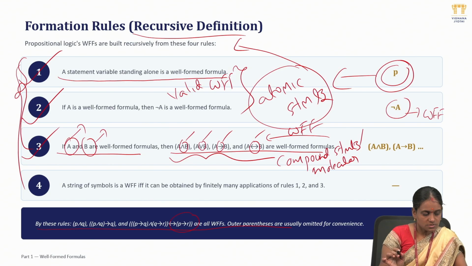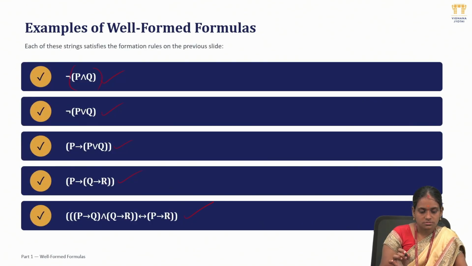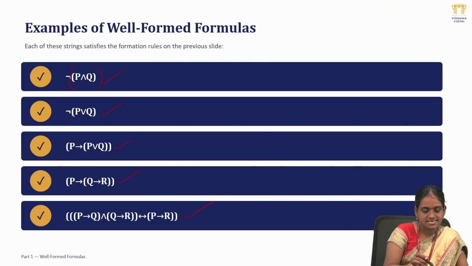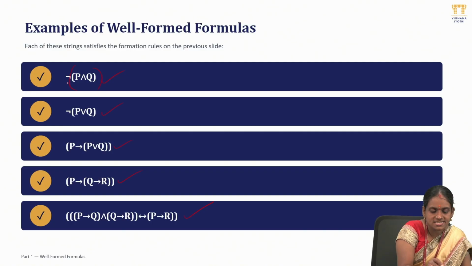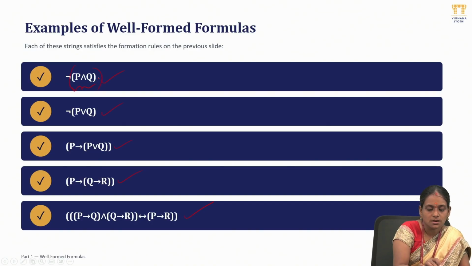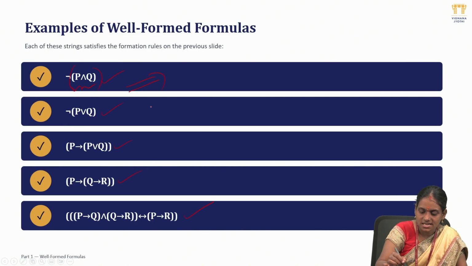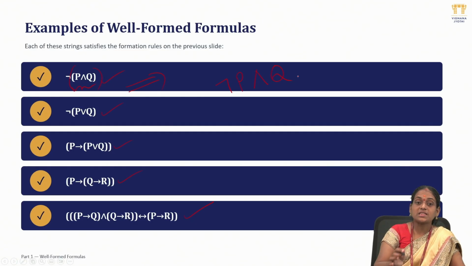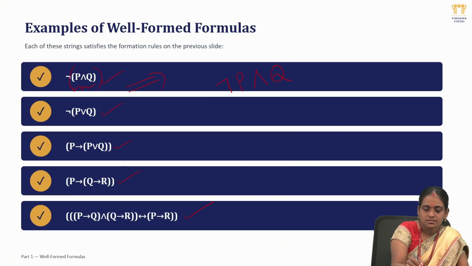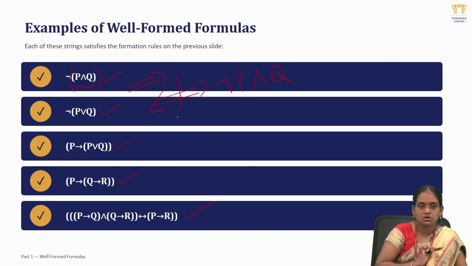Here, observing these examples, we have negation followed by an opening parenthesis and a closing parenthesis, and inside it I have written a statement, that is P and Q. If I write the same representation like this, negation without any parenthesis, are these both equivalent or not? These two are not equivalent.